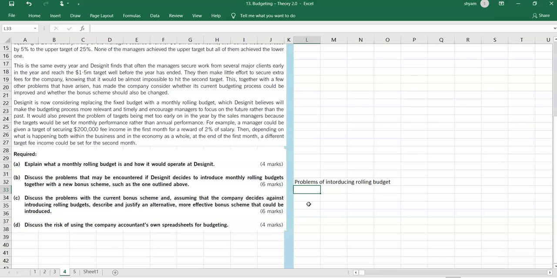So he's asking what are the problems with the current bonus scheme and suggest another alternative bonus scheme.